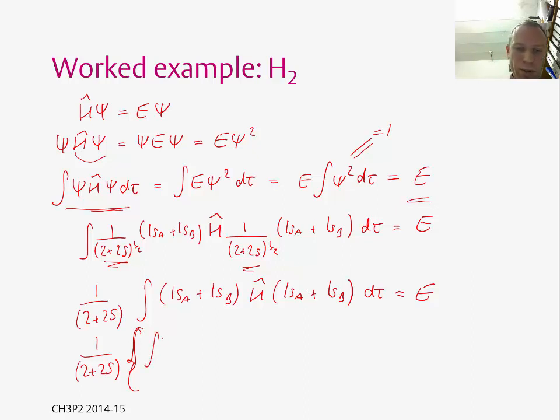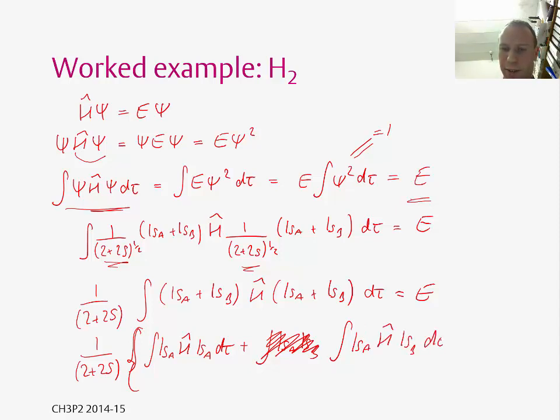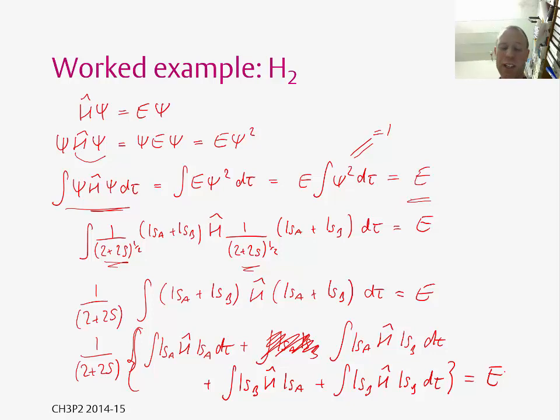So I get integral 1sa H 1sa d tau, plus integral of 1sa H hat 1sb d tau, plus integral of 1sb H hat 1sa, plus integral of 1sb H hat 1sb d tau, and all that is equal to E. So I've just multiplied out these brackets.